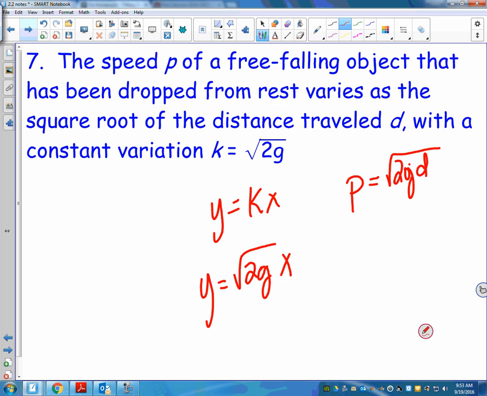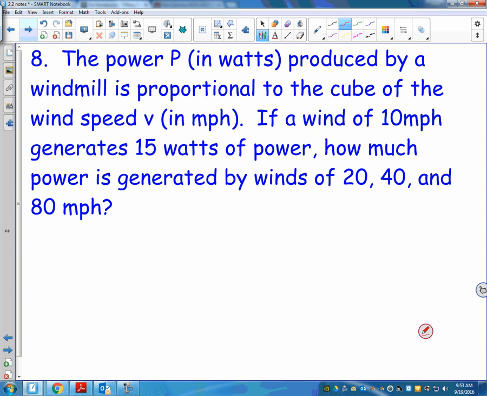Okay, so let's do one where we actually have to solve stuff. The power P in watts produced by a windmill is proportional to the cube of the wind speed V, in miles per hour. If a wind of 10 miles per hour generates 15 watts of power, how much power is generated by winds of 20, 40, and 80 miles per hour? What happens is that people try to do this all at once and they get overwhelmed because there's a whole lot of information in these problems.